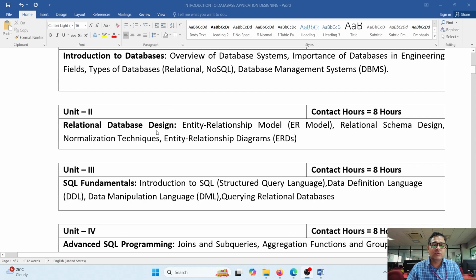In the second unit, we'll advance a little bit with establishing a relation with respect to the data that we have studied in first unit. So to identify the relationship between the data that we have identified, we need to establish the relationships between the data.